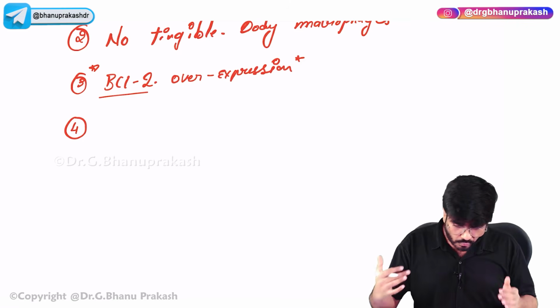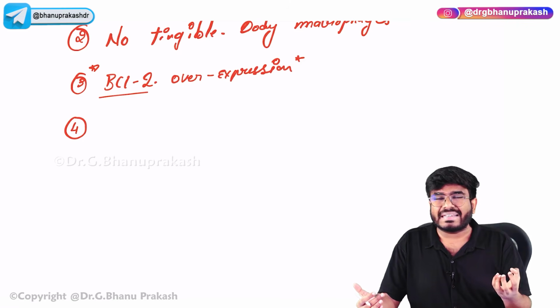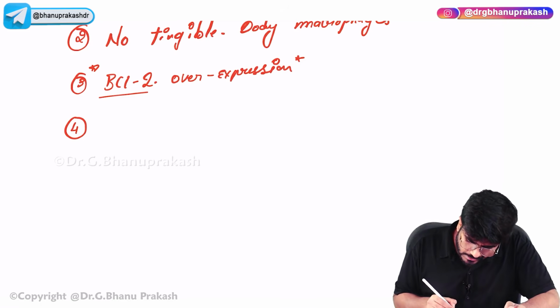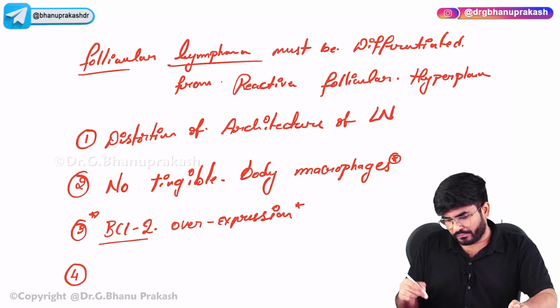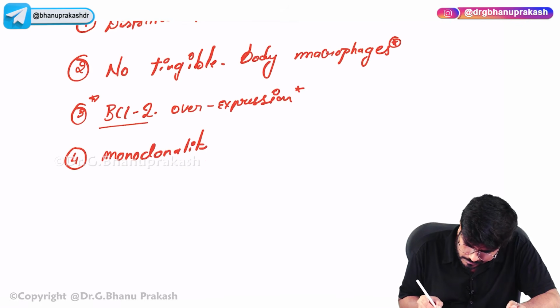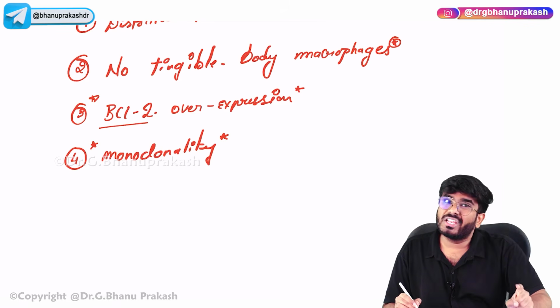But if it is a reactive follicular hyperplasia, there is going to be a very wide range of diversity. So in follicular lymphoma, there is going to be monoclonality, but in reactive hyperplasia, there is going to be polyclonality.